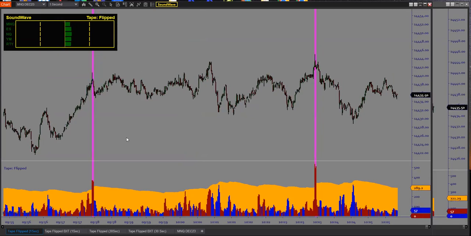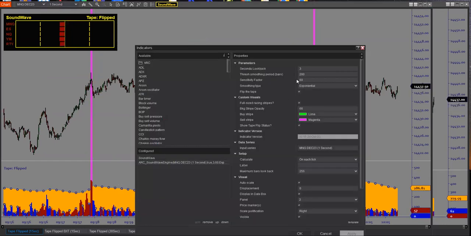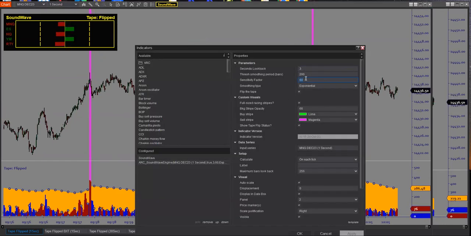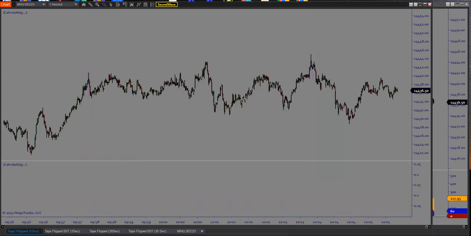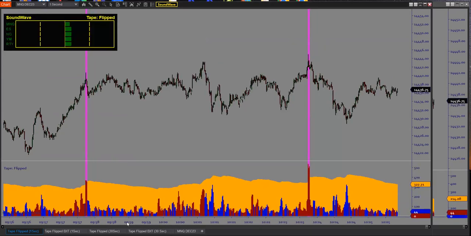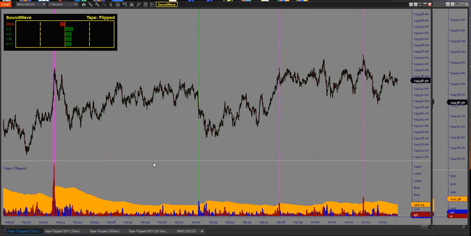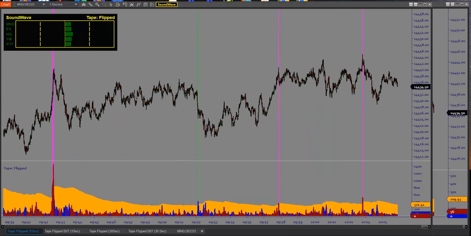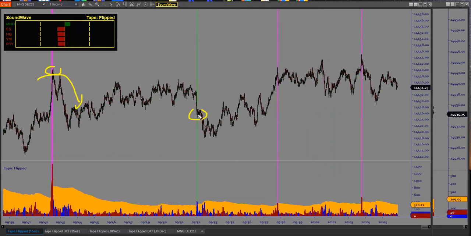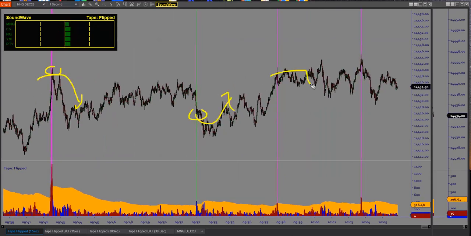I could increase this even more, like, I can maybe go to 75%. I don't know, I've never even tested this. Let's just take a look. Let's just see what it did. Every time a signal came in, the market transitioned.